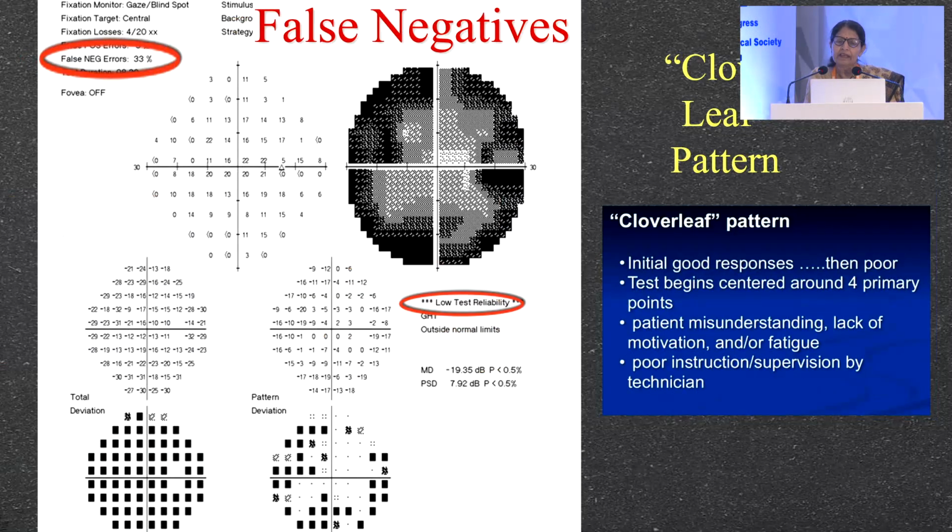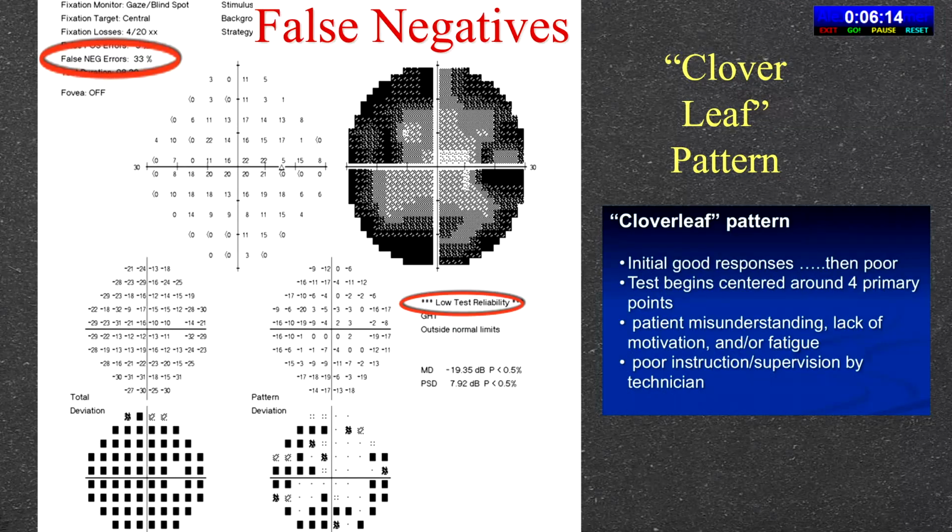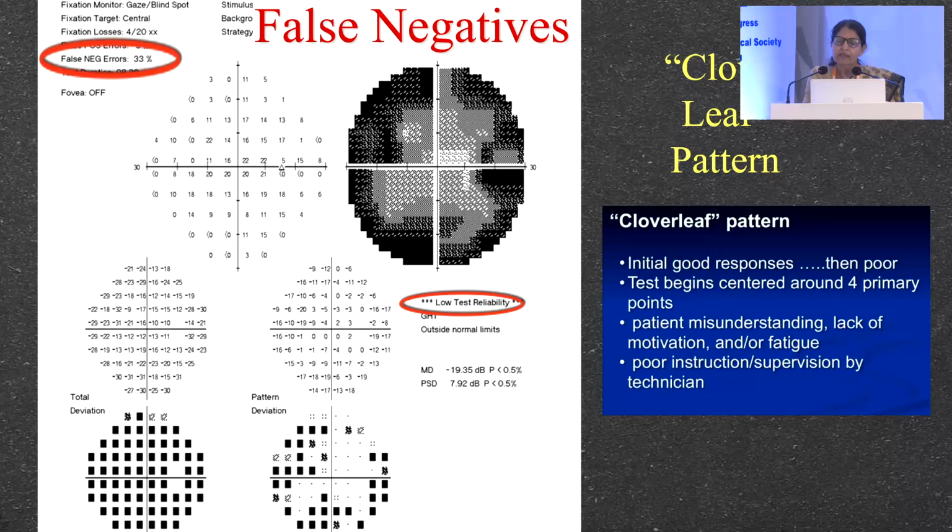The false negative field defect is seen as a clover leaf pattern, because initially the patient is giving a good response, and then later on at the same test point the patient is giving a negative response. And usually this repeat test is done with a 9 dB higher stimulus, and still the patient is giving you a negative response. Mostly this is because of poor understanding, lack of motivation or tiredness of the patient.